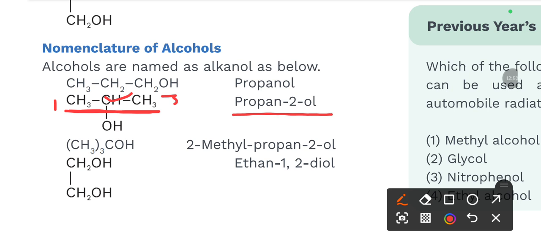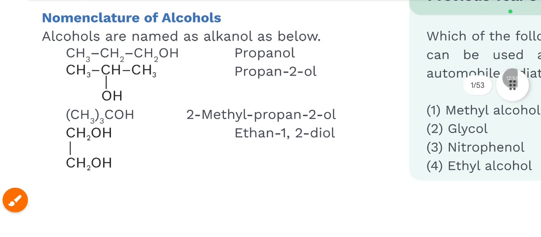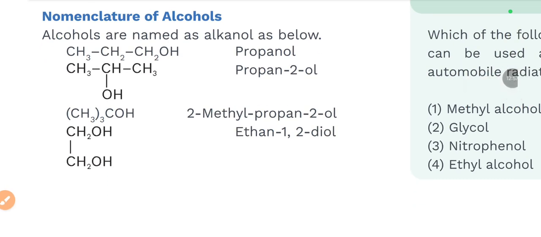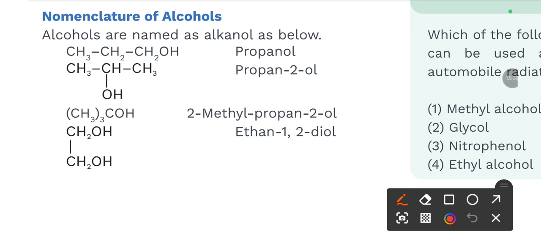Now coming to the next example. (CH3)3C-OH means this is a tertiary alcohol. So CH3C, 2-methylpropan-2-ol. Now coming to the next, CH2OH.